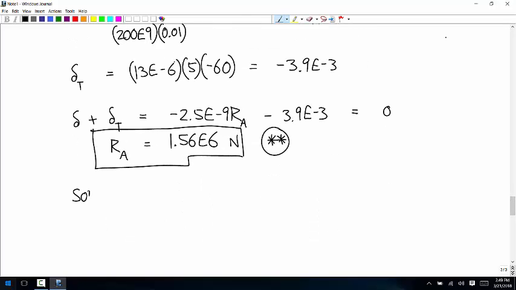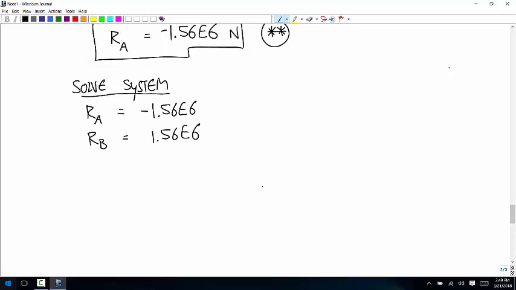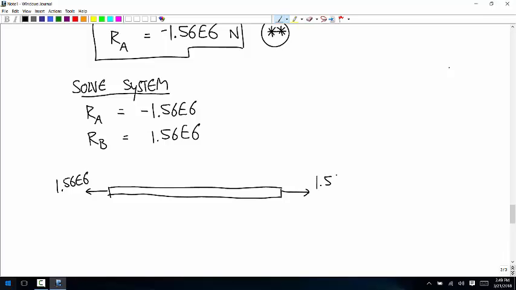And so now solve the system. Yep, thank you. And you get RA is negative. RB is the same thing but positive. And so the loads on this are 1.56 times 10 to the 6 newtons that way, and at the other end the other way.